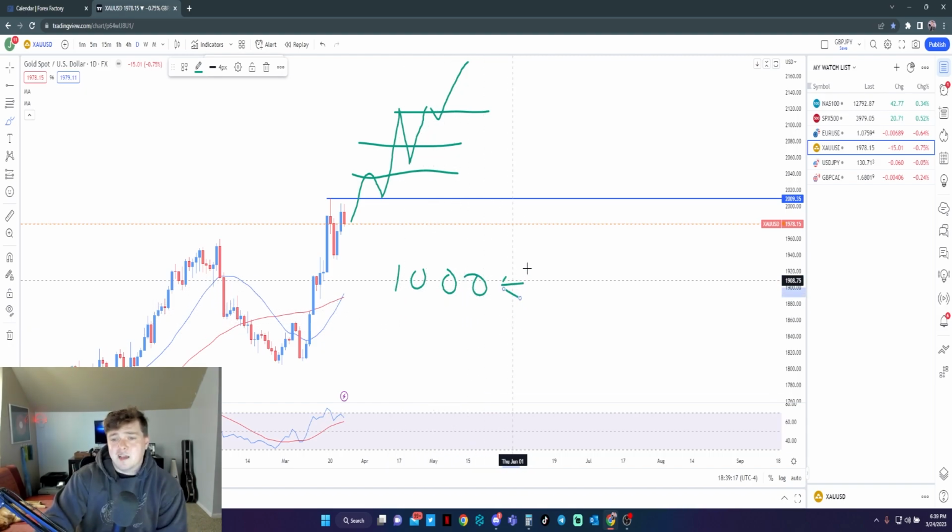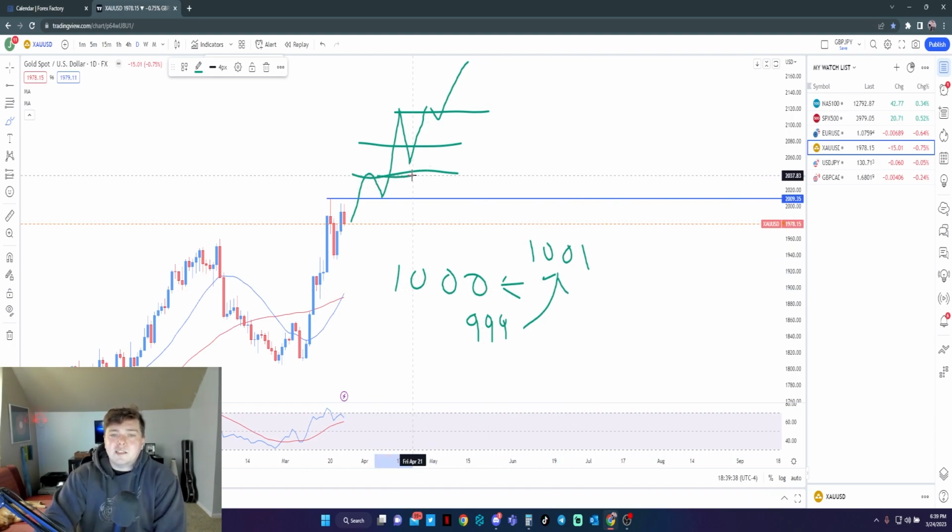Well, if it moves up to 1,001, you make $1. Cool. But if you were buying at 999 and it moved up to 1,001, you'd make $2, right?